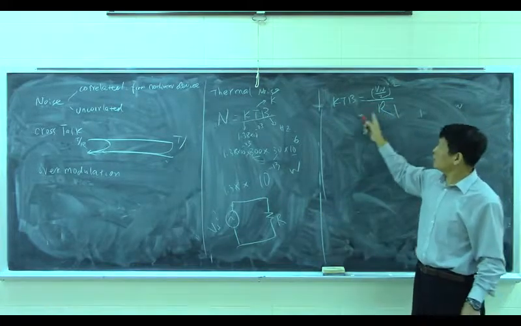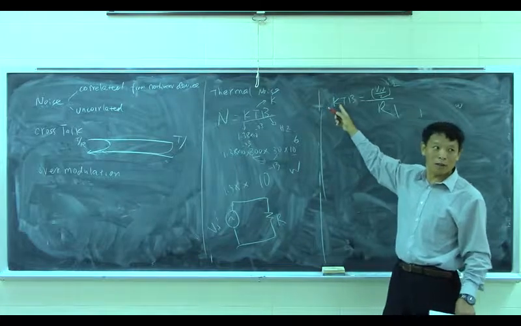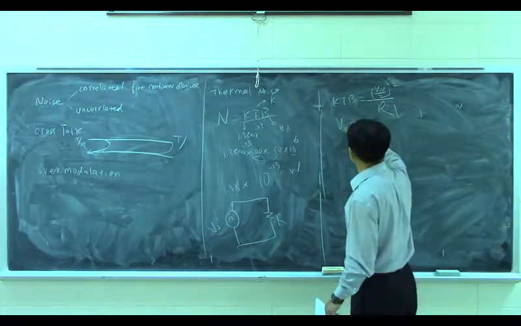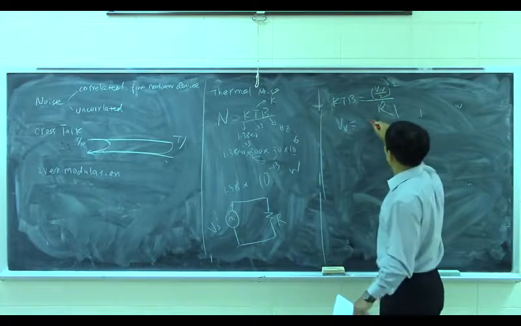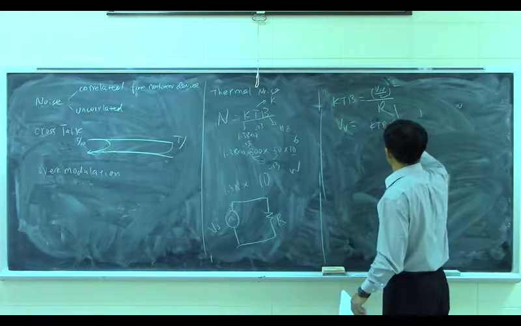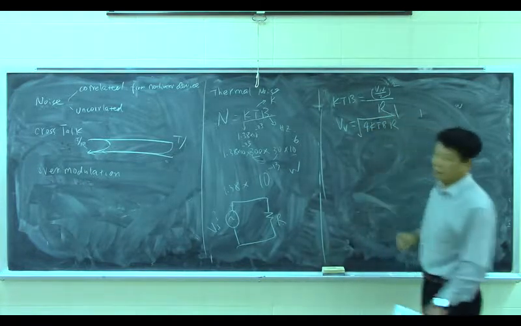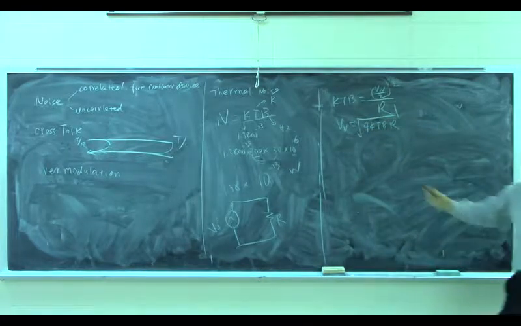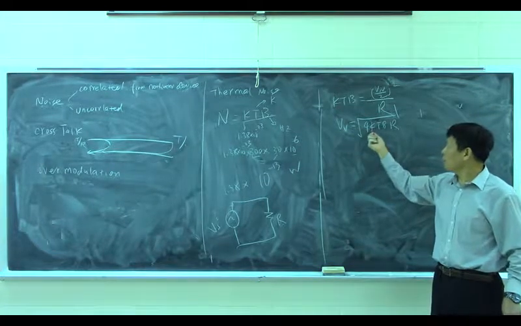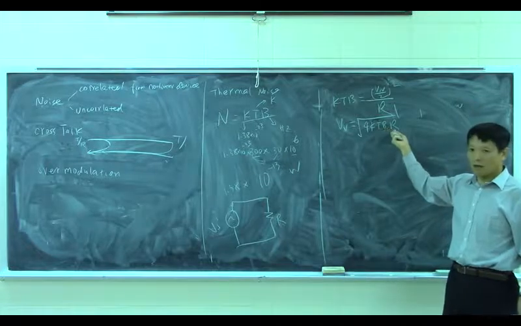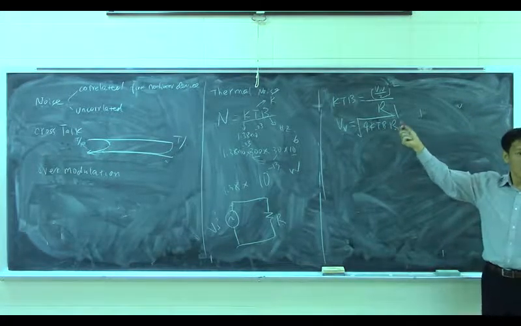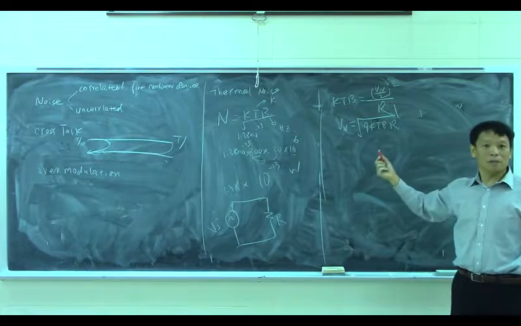And we assume this power is provided by the thermal noise, which equals this. So from here we get Vn equals kTB times R, then times 4, then take the square root. So the thermal voltage equals the square root of 4 times k times T times B times R. This R is the resistance of your system.